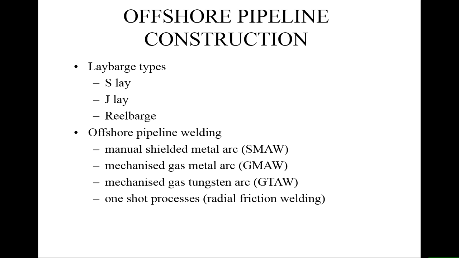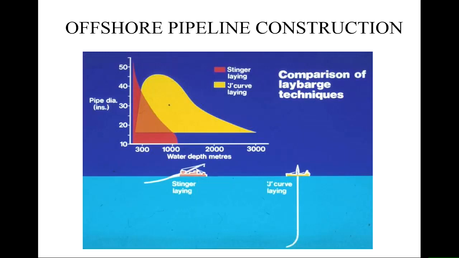So we've got manual metal arc, MIG and TIG welding, as I've talked about before, just the same as on land. There's a bit more use of radial friction welding and other one-shot processes because productivity on the barge, an area of operation on the barge might be limited in some cases, particularly for smaller lines.